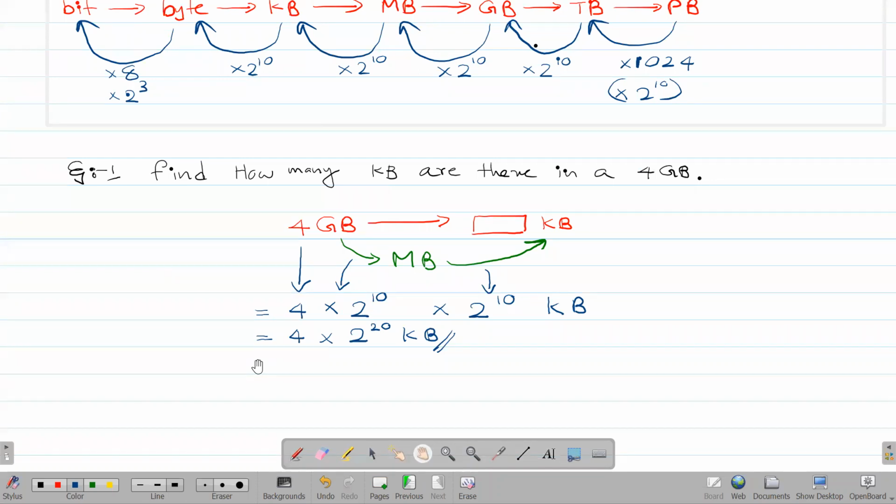Because 4 can also be represented as 2 to the power 2. So 4 can be represented as 2 to the power 2 into 2 to the power 20. So we can say it is 2 to the power 22 kilobytes. Or else we can write it like 2 into 2 to the power 21 kilobytes.